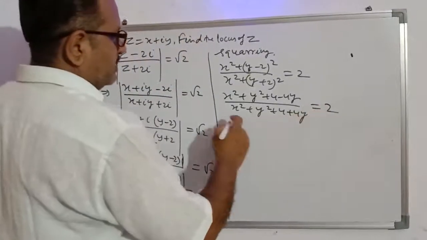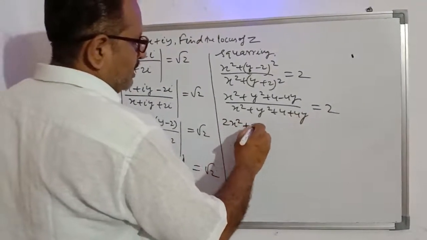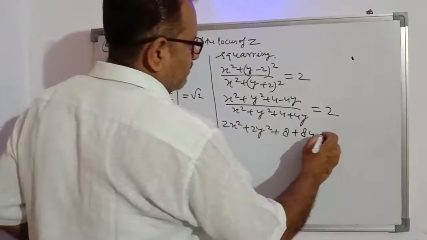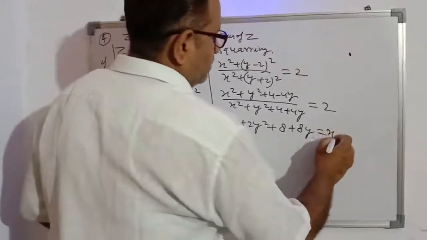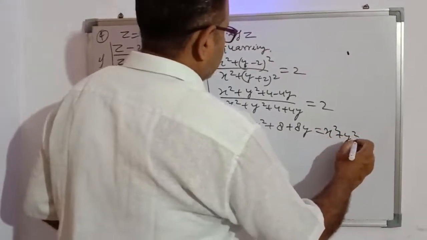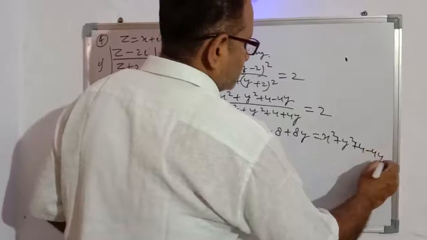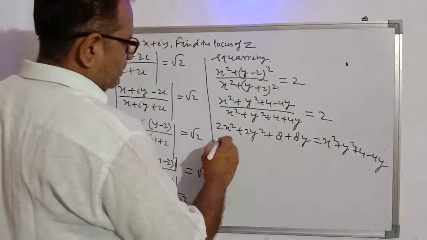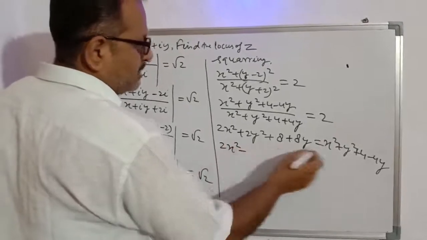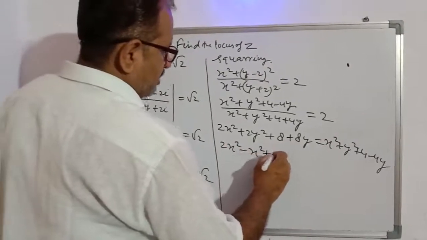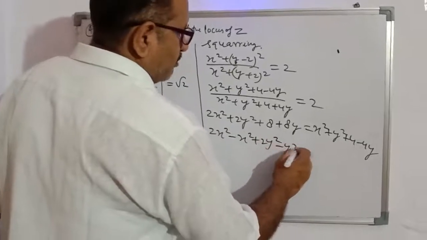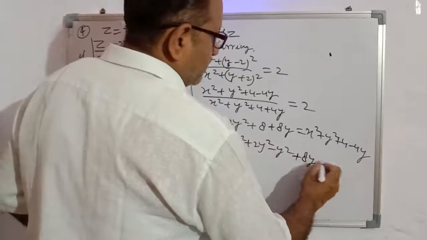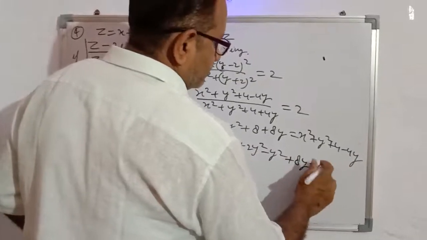Cross multiply. 2x square plus 2y square plus 8 plus 8y is equal to x square plus y square plus 4 minus 4y. Transpose every term to the left side. 2x square minus x square plus 2y square minus y square plus 8y plus 4y.